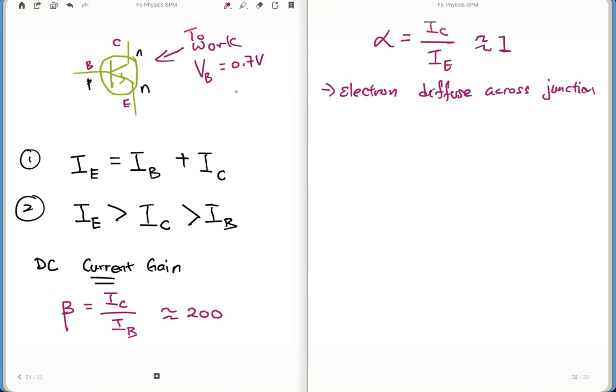You remember in the previous video, you need to watch our previous video. So in order for additional electrons to pass through it, you need to overcome this barrier, 0.7 volt.